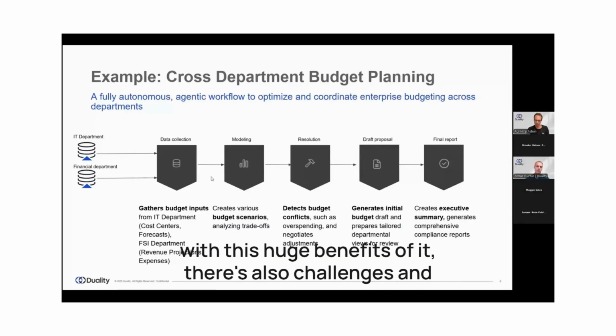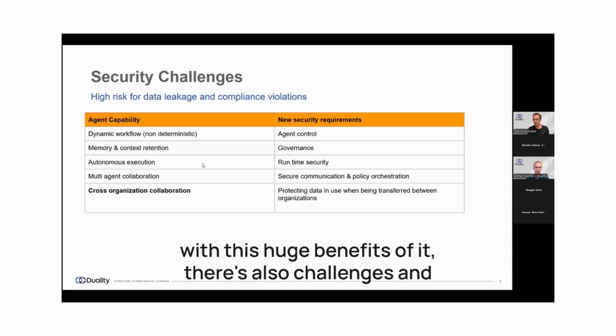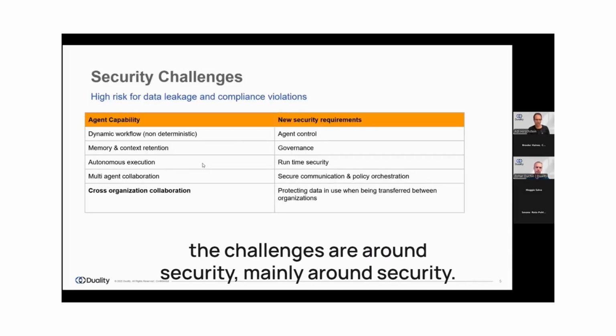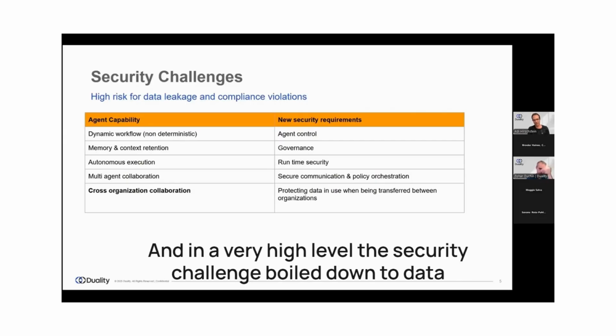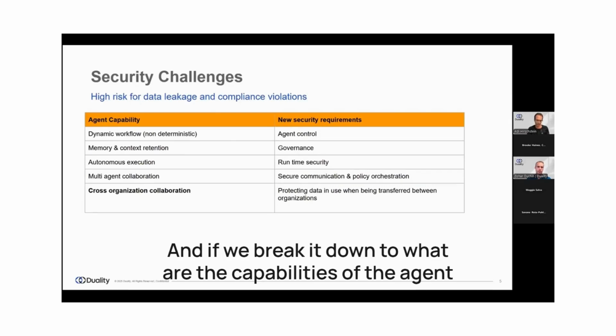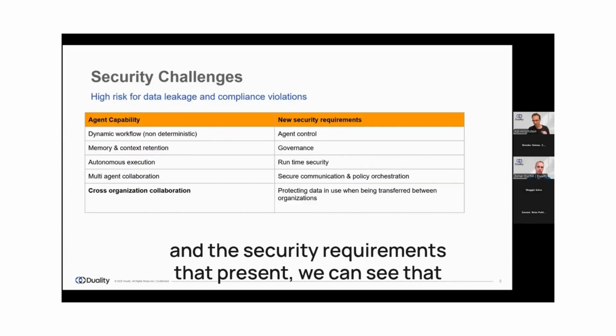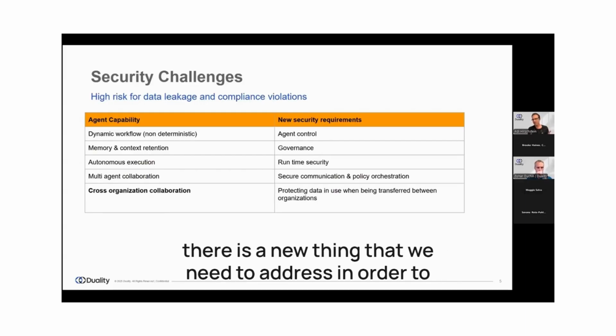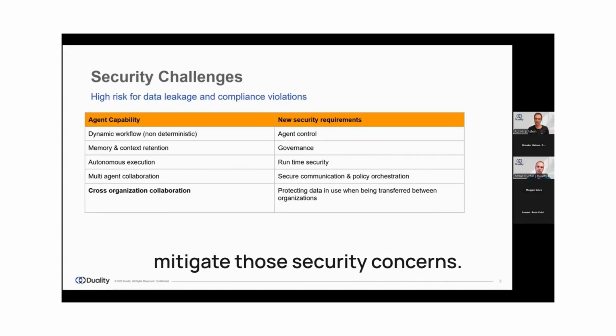And with these huge benefits, there are also challenges. And the challenges are around security, mainly around security. At a very high level, the security challenge boils down to data leakage and compliance violation. And if we break down the capabilities of the agent and the security requirements that they present, we can see that there are new things that we need to address in order to mitigate those security concerns.